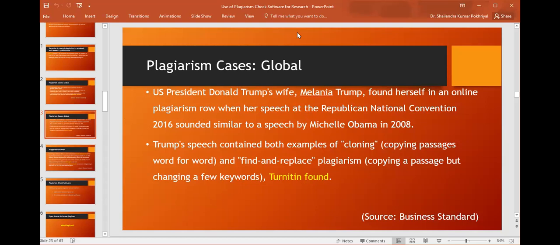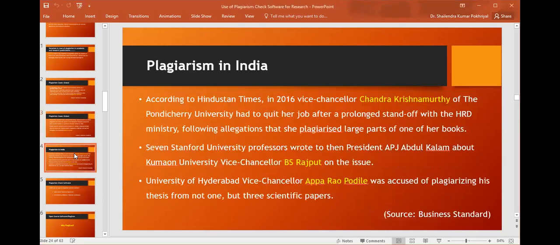Her speech contained both examples of cloning and find and replace plagiarism, which was detected by Turnitin. Cloning is copying passages word for word, and find and replace is copying a passage but changing a few keywords. So even Turnitin can detect if you are using the speech of others in your speech.